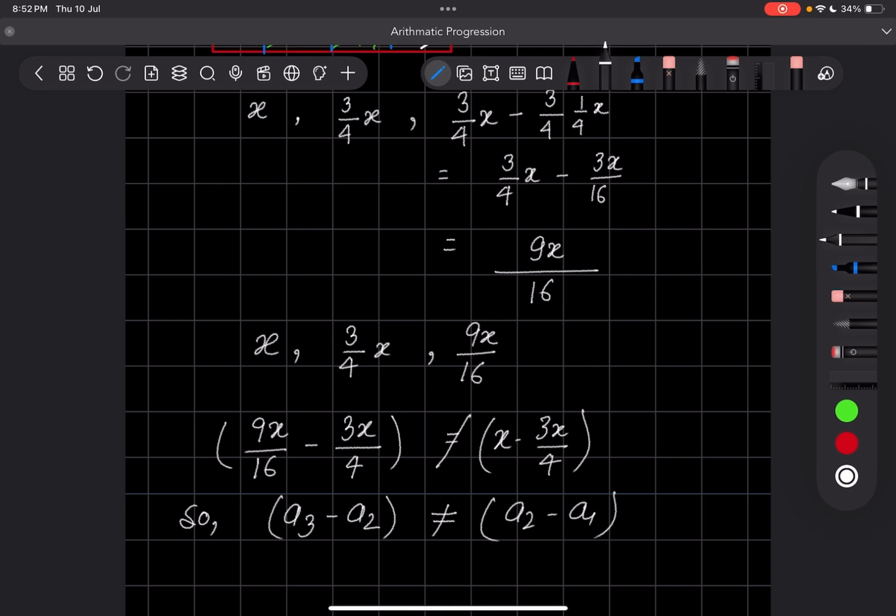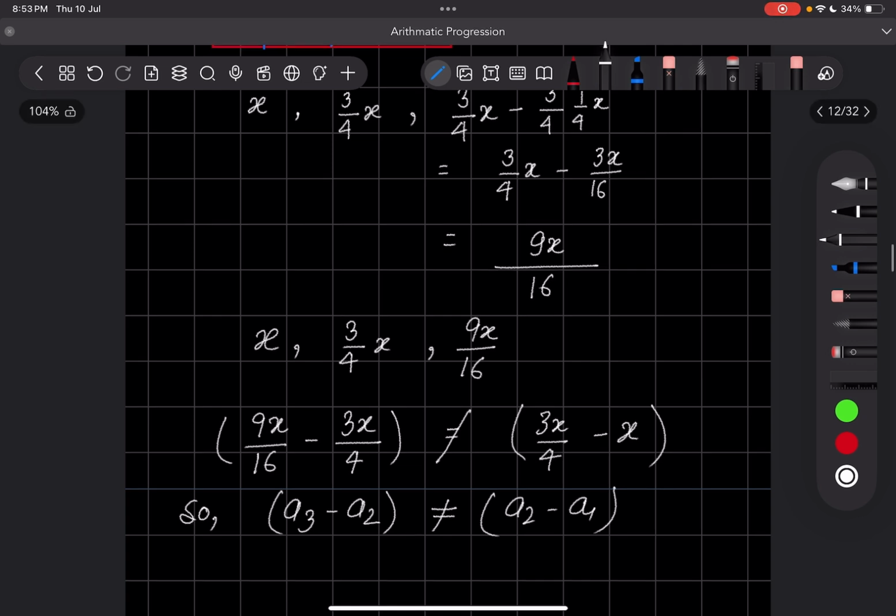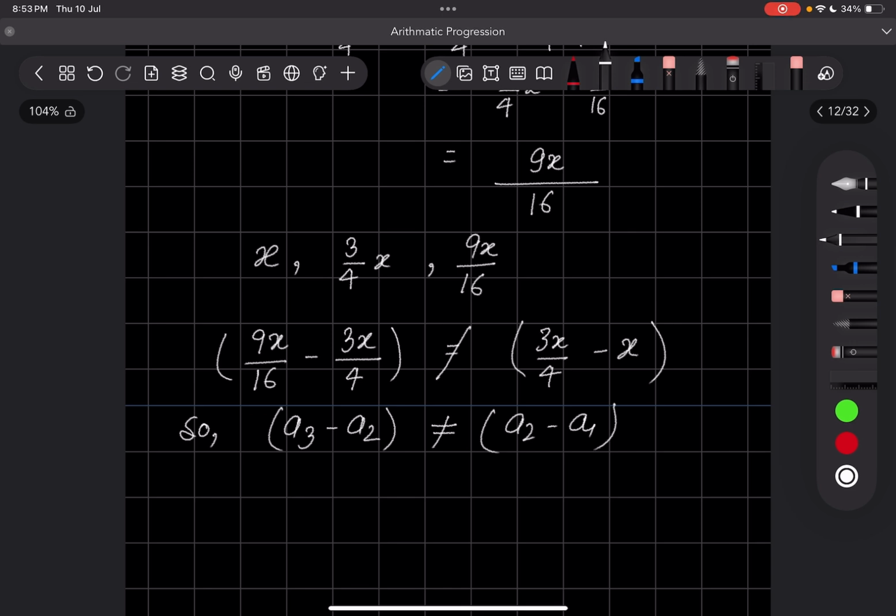Let me correct over here. While subtracting, we will be subtracting the first term from the second term. So we will have to subtract x from 3x by 4. But the answer will be the same. That is, a3 minus a2 will not be equal to a2 minus a1.